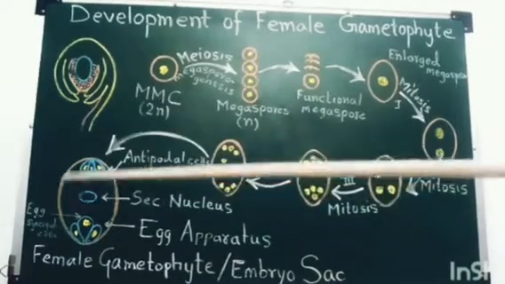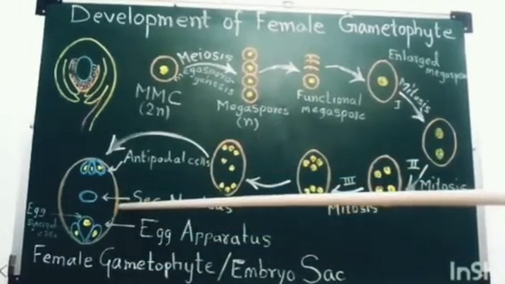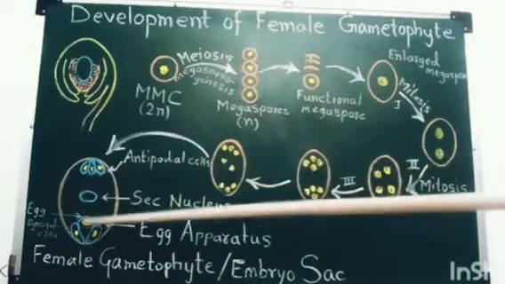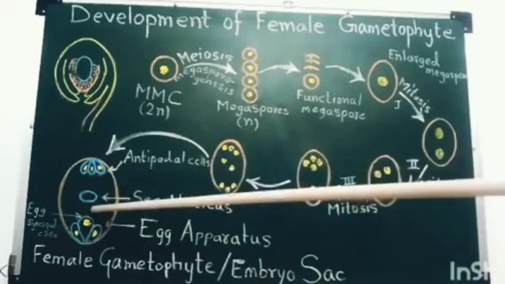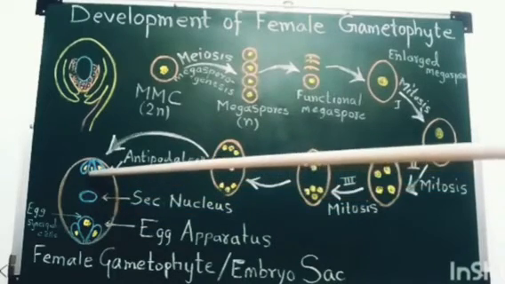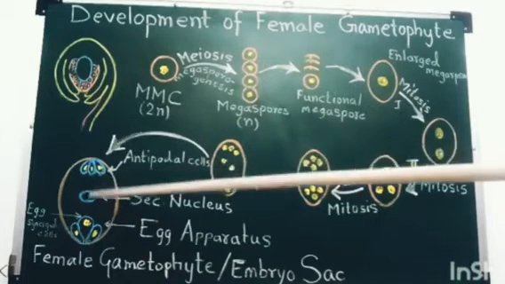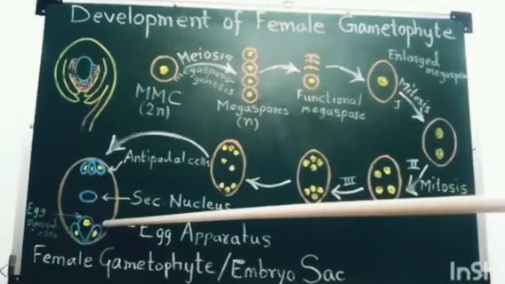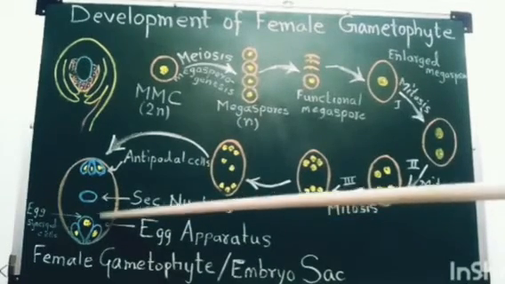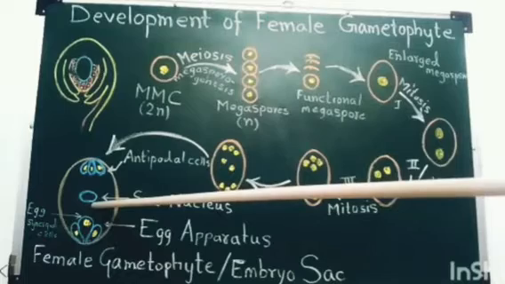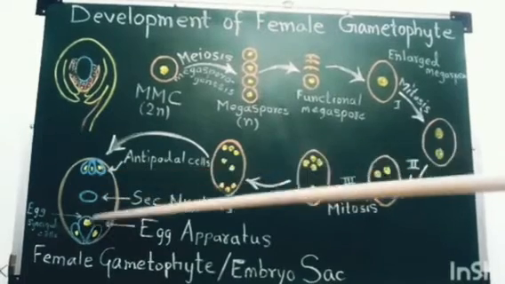Now this female gametophyte is also called a 7-celled 8-nucleate structure. Now how is it called a 7-celled 8-nucleate structure? If we count the number of cells, the upper 3 cells and the lower 3 cells become 6 in number, plus the central cell forms 7 cells.